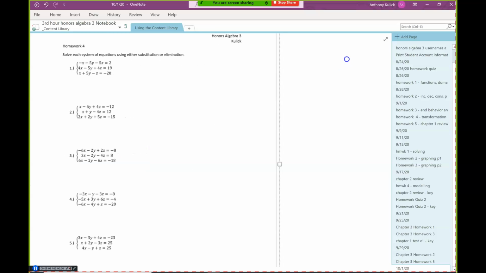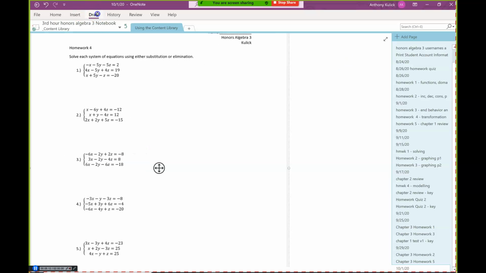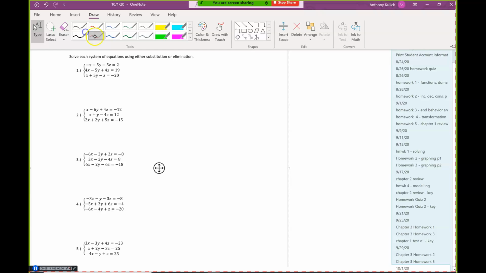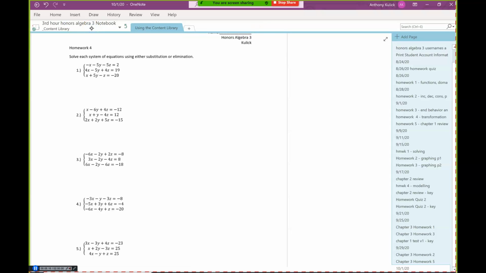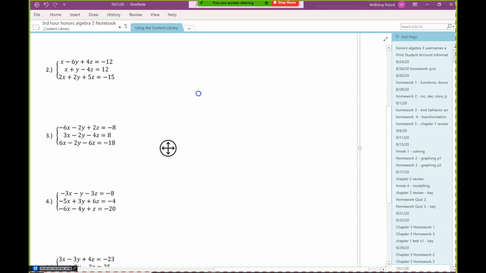Oh. All right, so number 3 you said? Okay. So which equation did you choose to isolate a variable from, and then which variable? So you isolated the x?